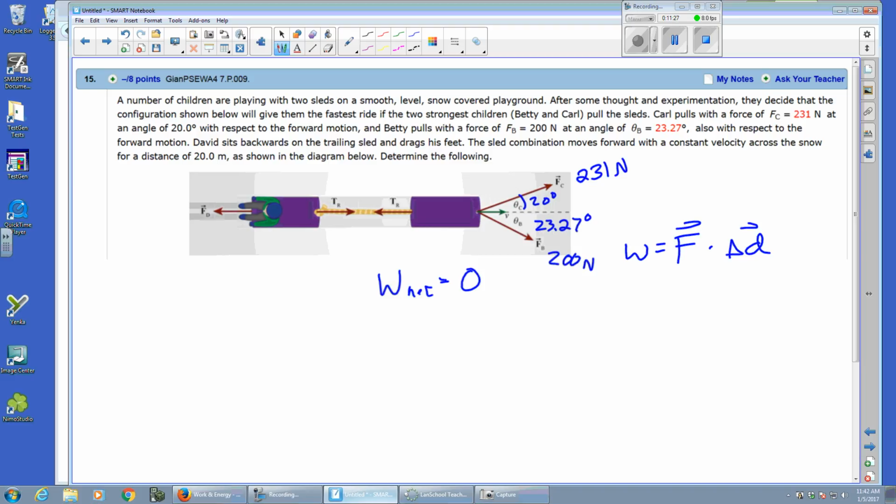For Carl, the work is going to be 231 newtons, and because it's the dot product, we have the cosine: cosine 20 degrees times 20 meters, because that's how far the sled moves.